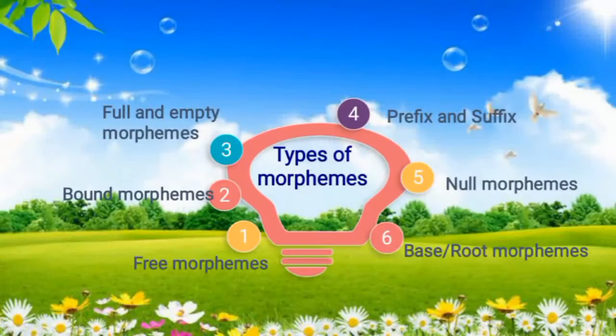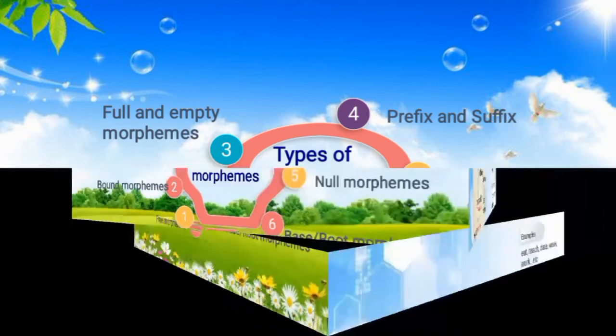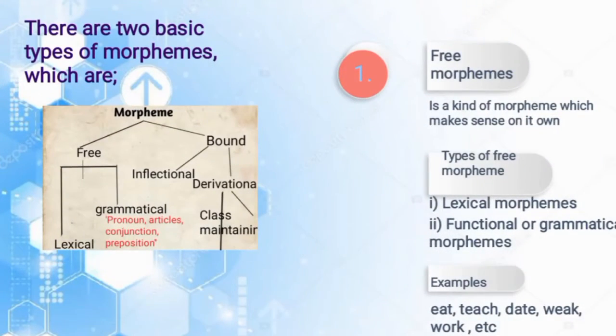Now we have the types of morphemes. That is the full and empty morphemes, bound morphemes, free morphemes, prefix and suffix morphemes, new morphemes, base or root morphemes. We have two basic types of morphemes, which are free morpheme and bound morpheme.